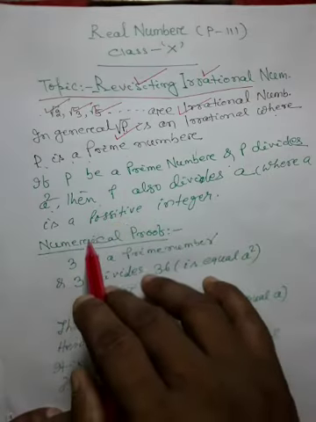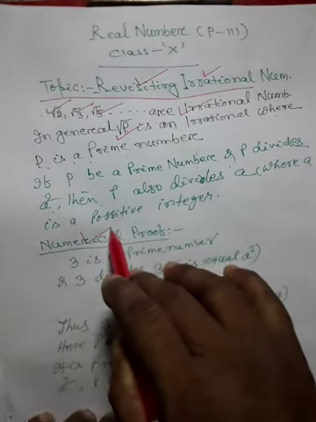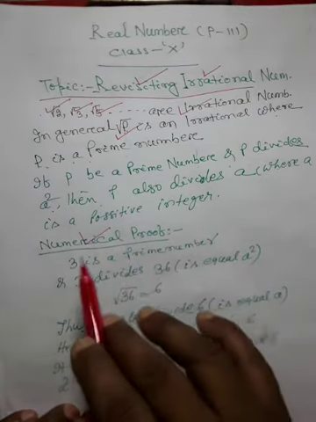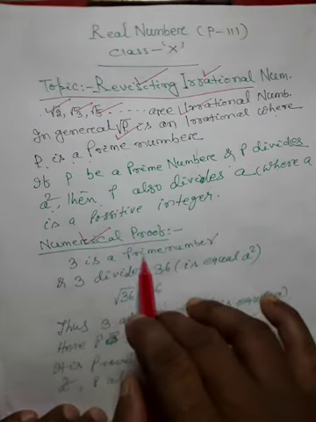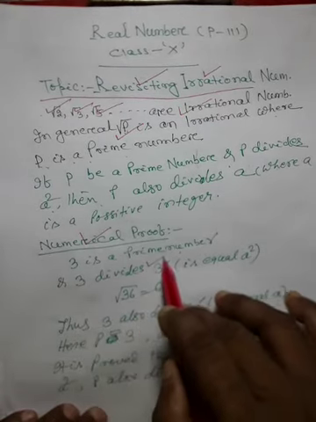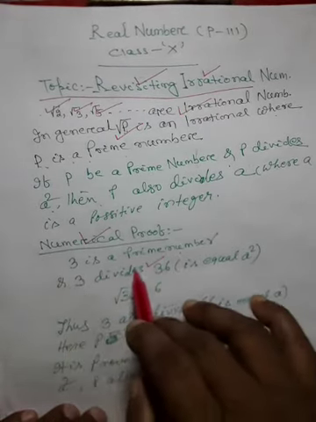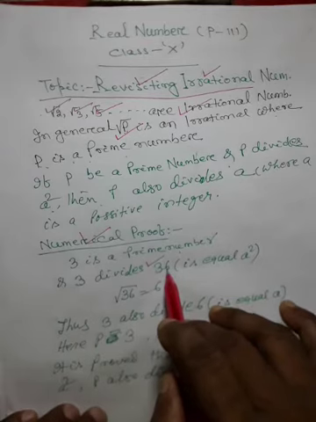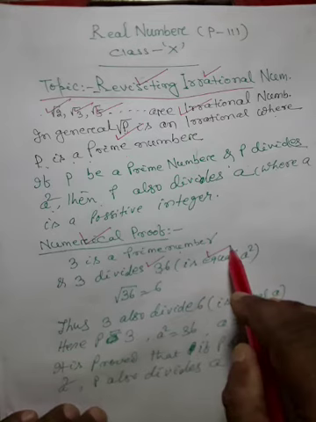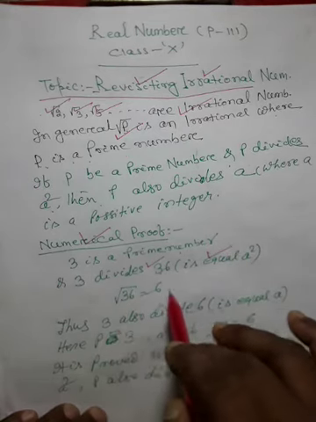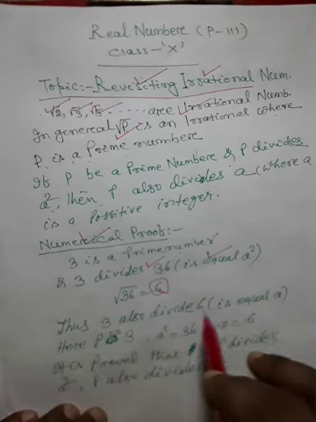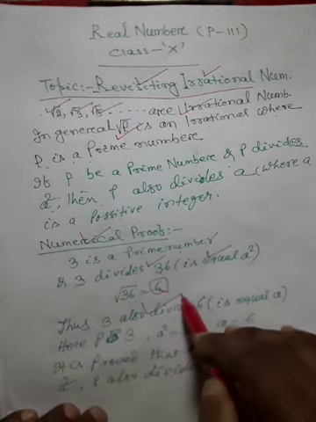Now a numerical proof, we will take this numerical proof. Suppose 3 is a prime number and 3 divides 36, where 36 is equal to a square. Now root 36 we know is 6. So 3 also divides 6.